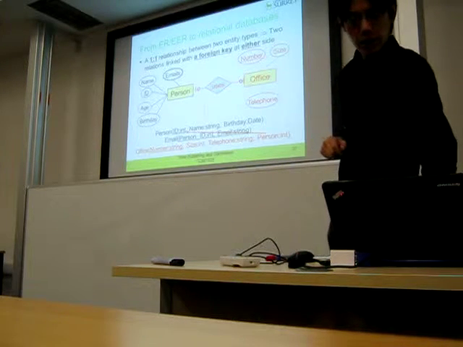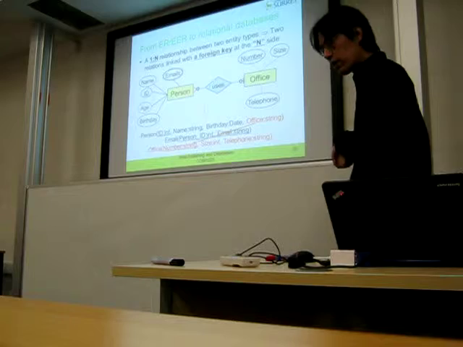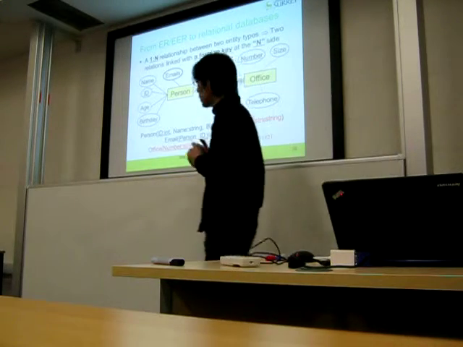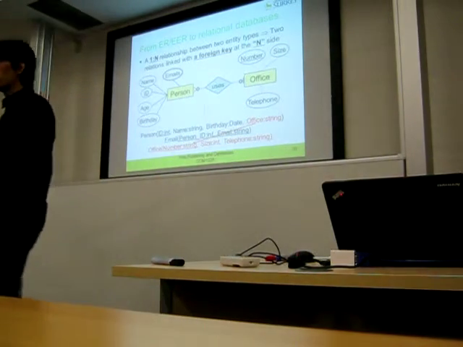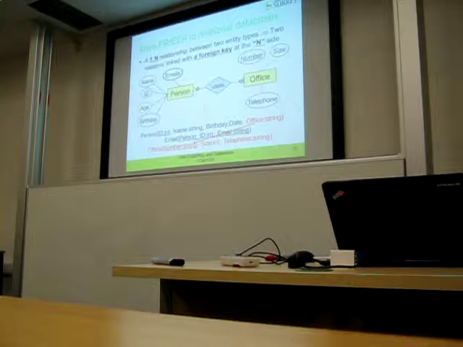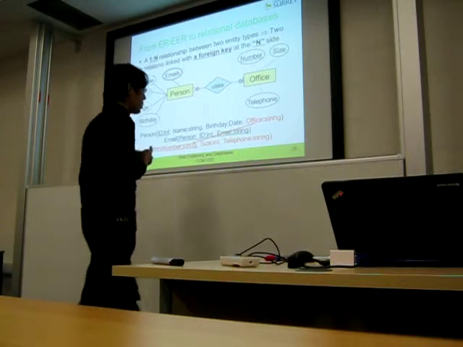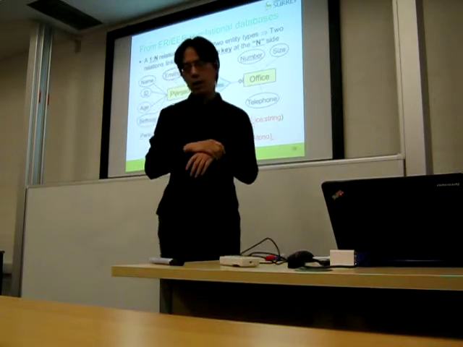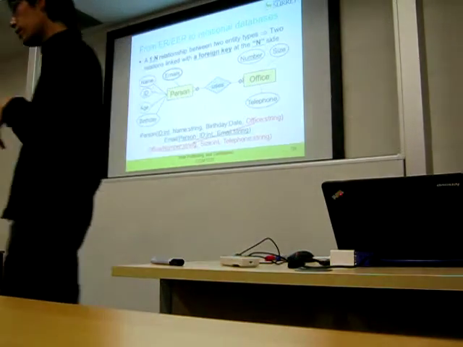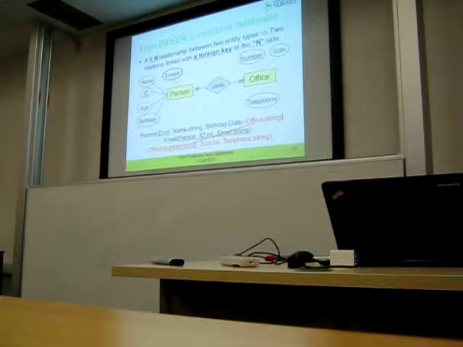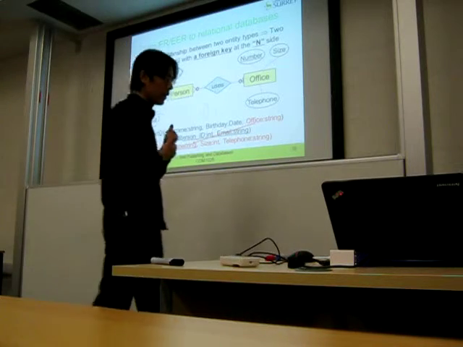Now let's move on to one-to-many. We still use the person-office relationship, but we change the business rules. Now the business rules are: one person can have one office maximum, but one office may have multiple persons sitting inside.